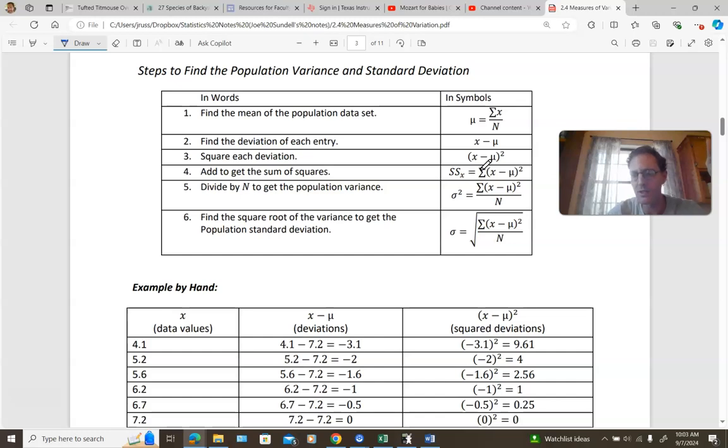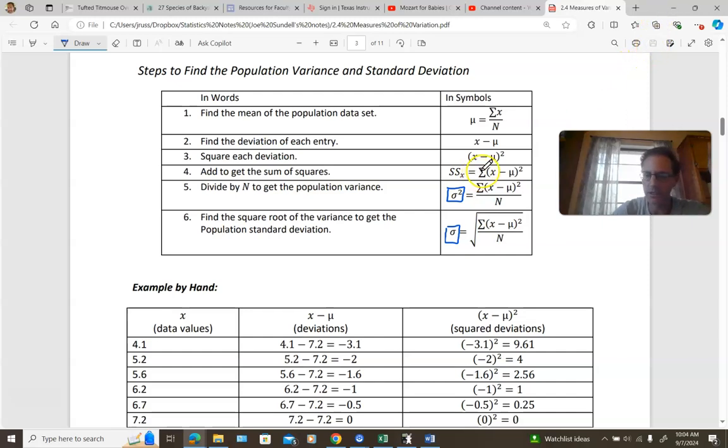And actually, we discussed this in the last lecture in 2.3. And then the sum of all of those squared deviations, you divide it by the size of the population. And this is the variance right here. This step is the variance, okay? And then when you take the square root of the variance, you get the standard deviation, okay? Remember, when you take the square root of something that's squared, you get that something.